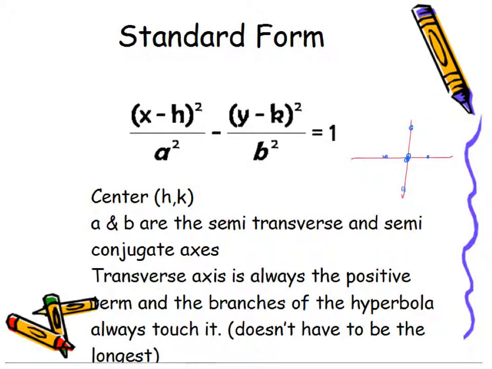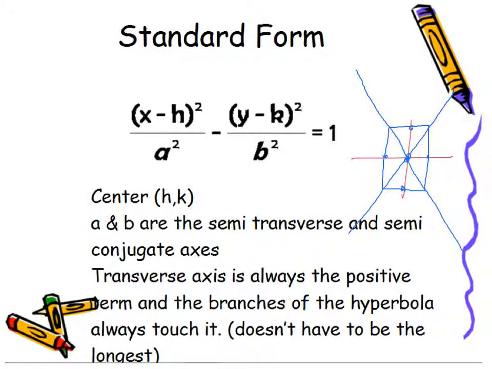What you do with those 4 points, instead of creating an ellipse, is you create a box. That determines how big that box is. Then you draw in the diagonals of that box. Those diagonals are actually asymptotes that your hyperbola will approach.